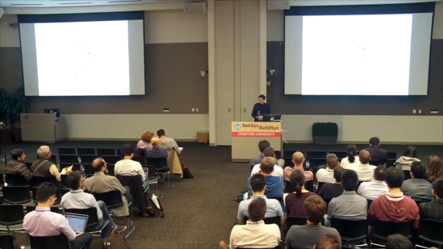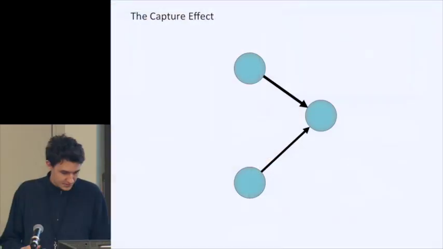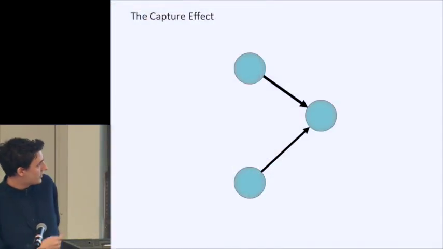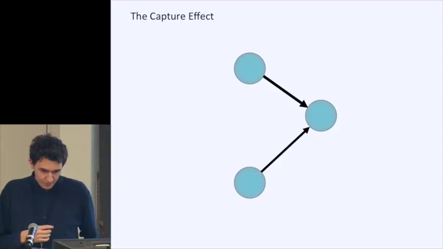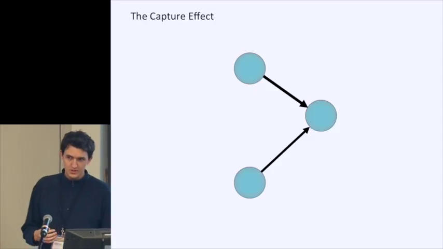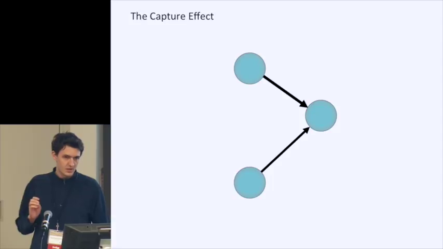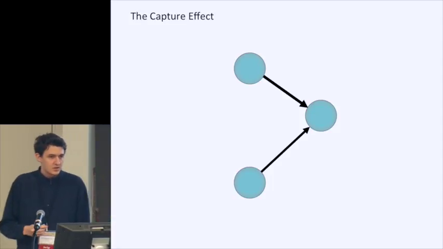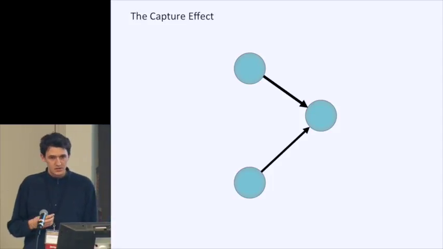What is the capture effect? Some of you may have heard of this, but I'm just going to quickly go over it. If you have two nodes sending to the same node simultaneously, then in some cases, this does not have to result in destructive interference, and this is a phenomenon called the capture effect.